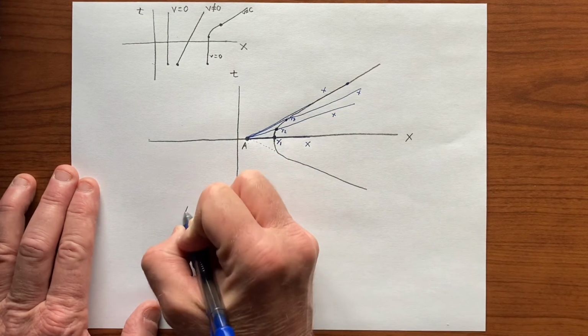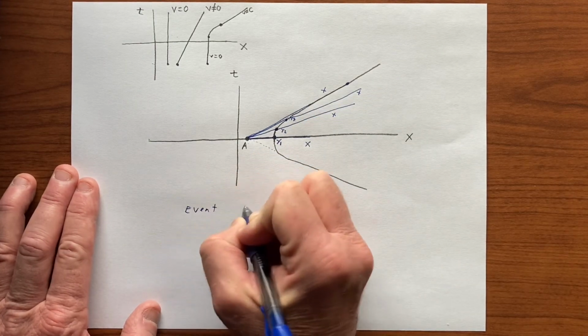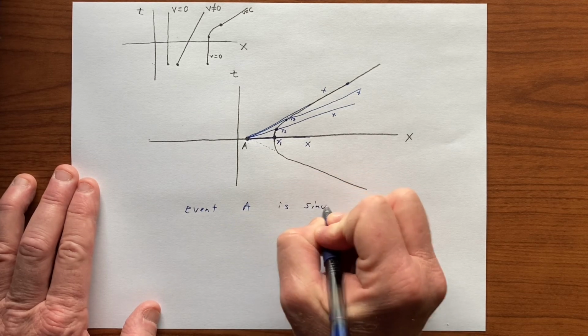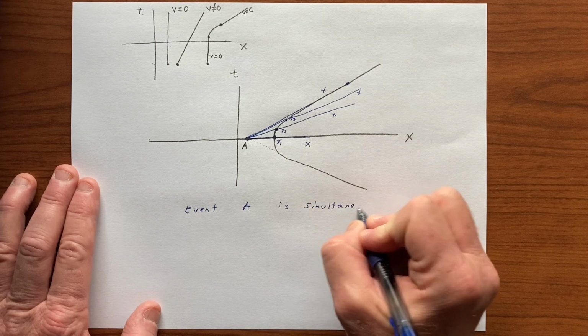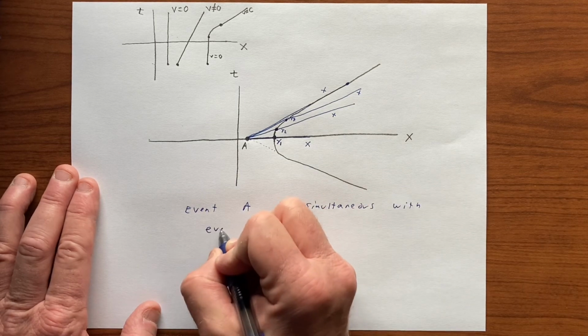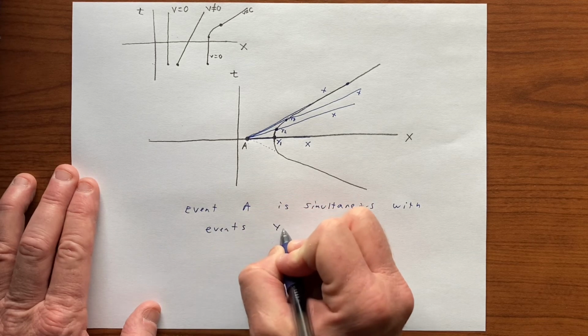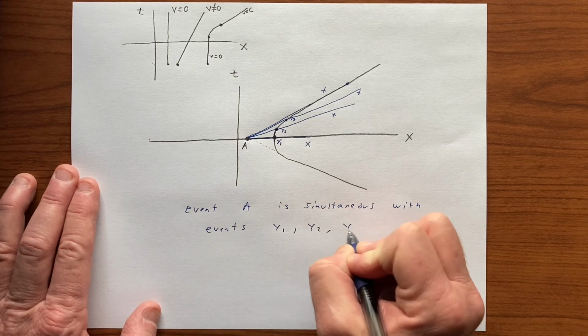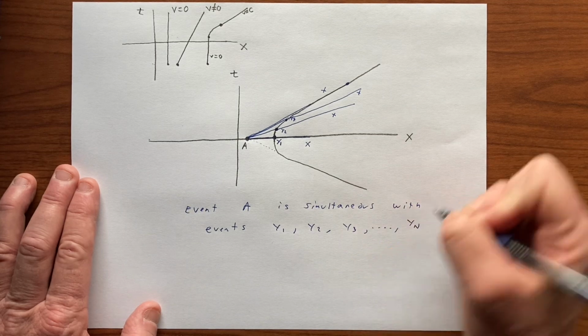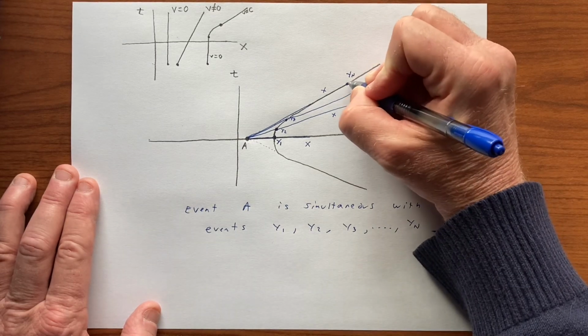And so event A is simultaneous with events Y1, Y2, Y3, ... Yn, right? So Yn could be this event here.